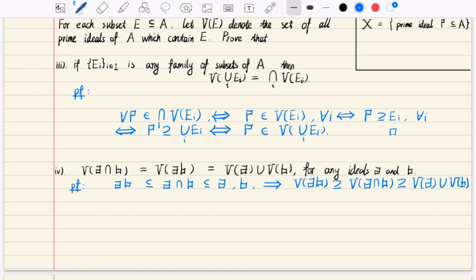And then we need to prove the identity. Maybe a direct guess is the following claim. We need to prove that the union of these two contains V of their product.